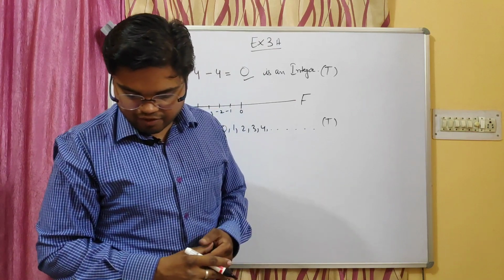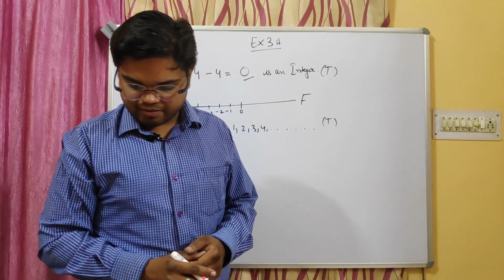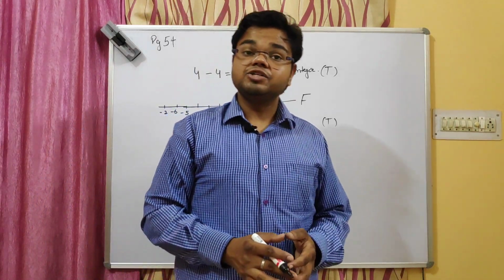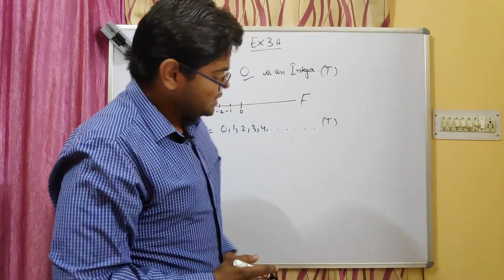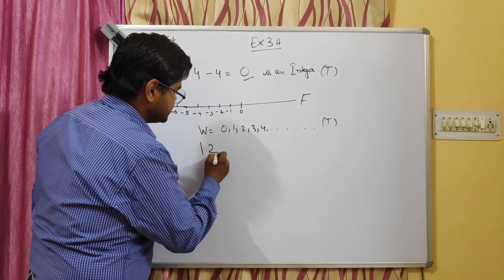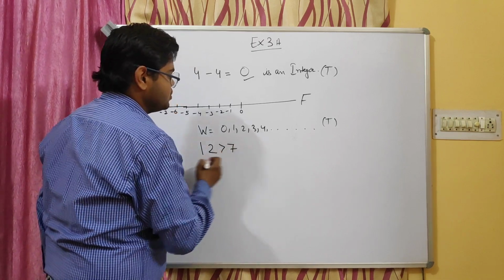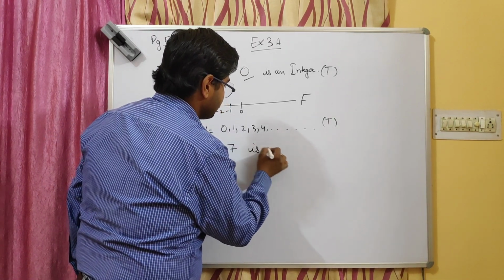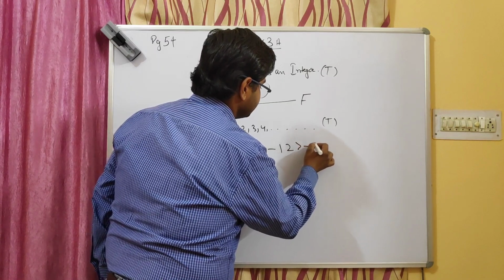Fourth part we have: since 12 is greater than 7, therefore minus 12 is greater than minus 7. Okay, 12 is greater than 7, but is minus 12 also greater than minus 7?